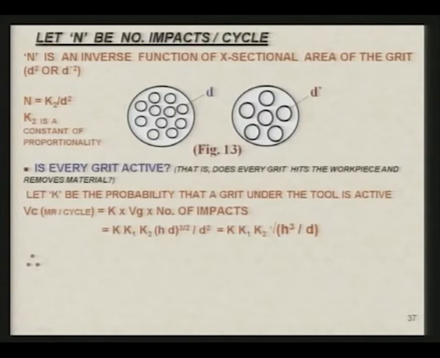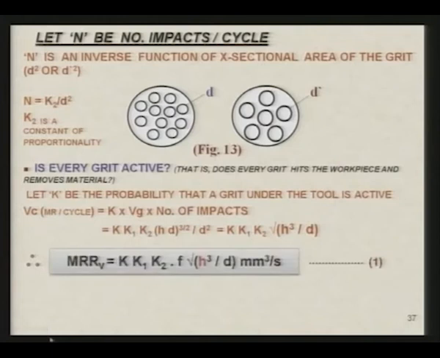Here we have substituted the value of Vg that was found in the previous slide. So, the volumetric material removal rate MRRV is equal to K K1 K2 multiplied by F under the root H cube by d, and this unit is cubic millimeter per second.